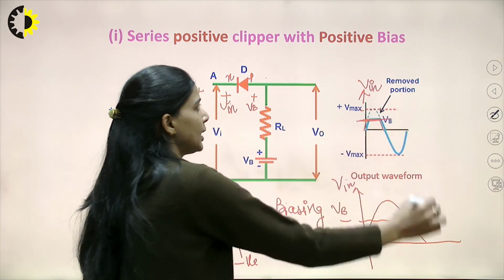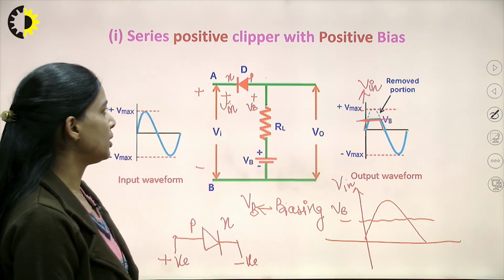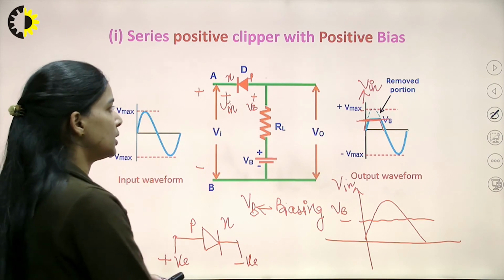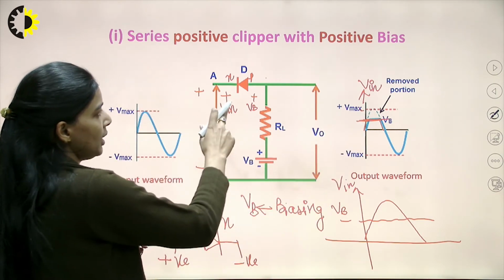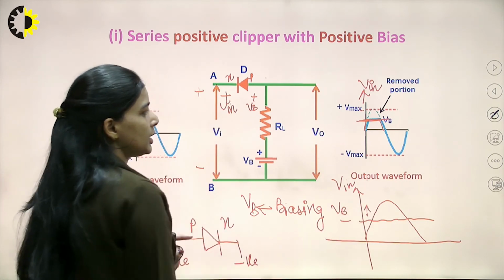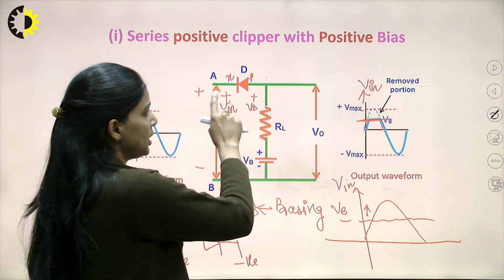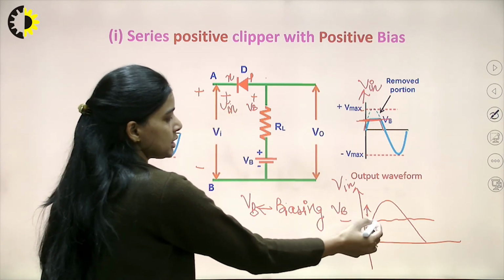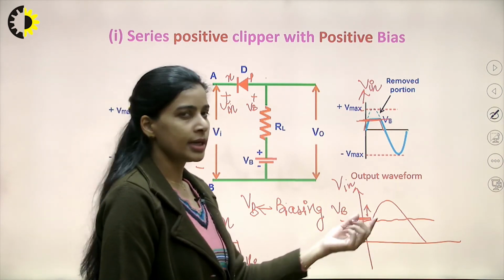After this point, the diode is reverse biased and we do not get the output value, because when V in becomes higher than VB, the N side is connected to a more positive value and the diode becomes reverse biased.